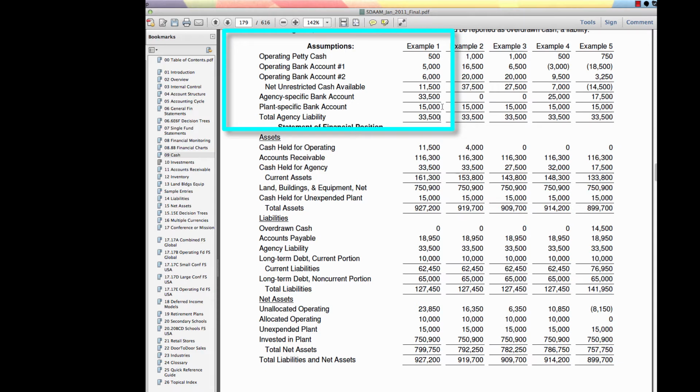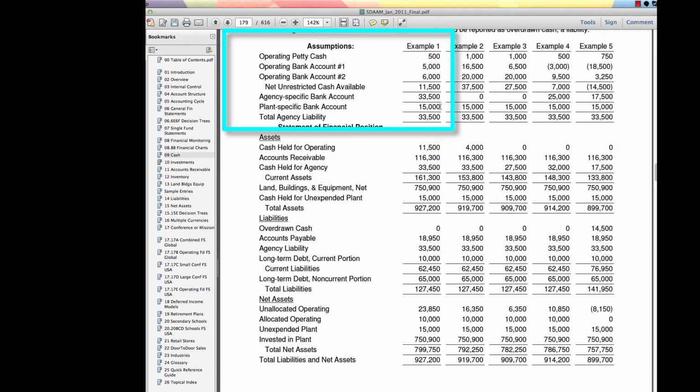So whatever the liability is, it's in a specific bank account. Remember, this is example 1. It's an example way of doing it. There's no rule that says you must keep it in an agency specific bank account. Some places feel that's important and some places don't. In any case, there's another bank account in play here. The plant fund bank account has 15,000.